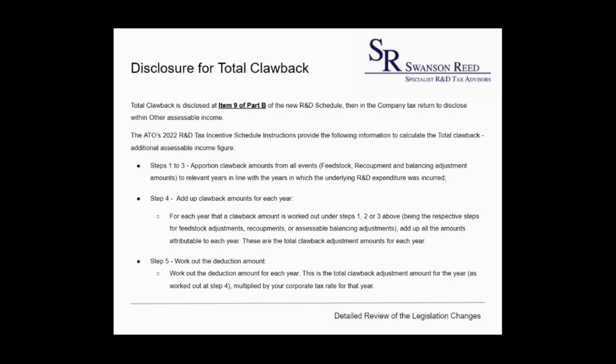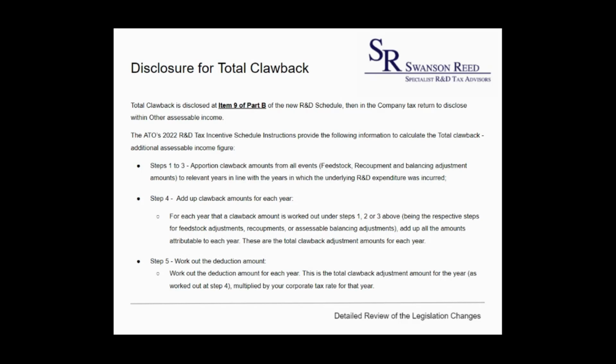The ATO's 2022 R&D tax incentive schedule instructions provide the following information to calculate the total clawback additional assessable income figure. Steps 1 to 3 apportion clawback amounts from all events comprising feedstock, recoupment and balancing adjustment amounts to relevant years in line with the years in which the underlying R&D expenditure was incurred.